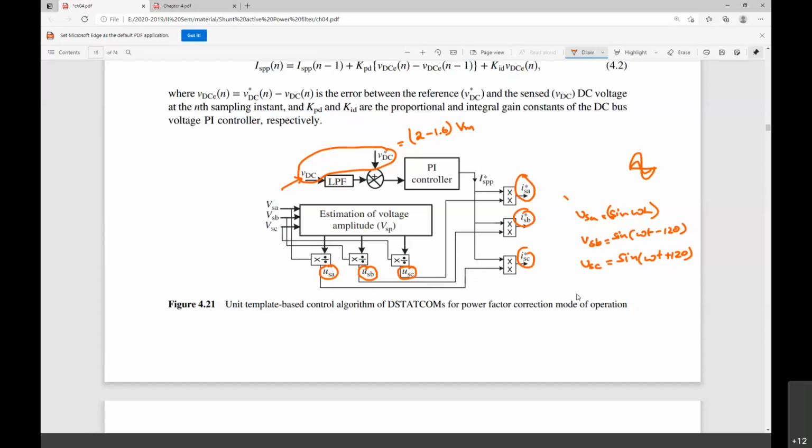The PI control gives the steady state output, Isp star. That is multiplied with all the unit template signals usa, usb, usc.